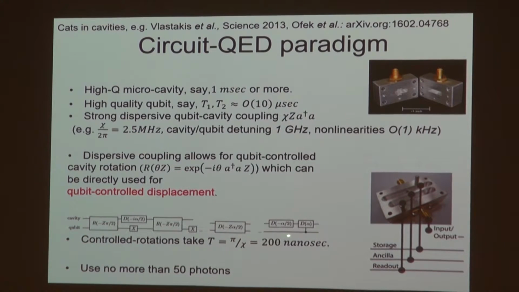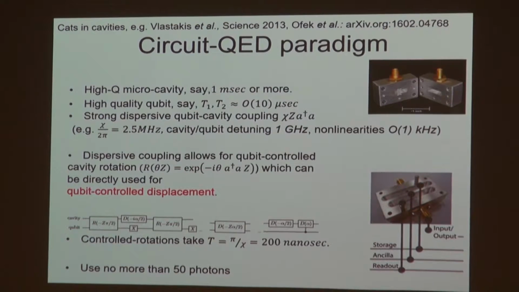So what is a qubit-controlled displacement? If the qubit is 0, I do not displace the cavity. If the qubit is 1, I displace the cavity with some displacement operator D(alpha). And that can be done by using controlled rotations and displacements that do not depend on the qubit state. Controlled rotations in this type of circuit take 200 nanoseconds, which is quite a bit less than these numbers.